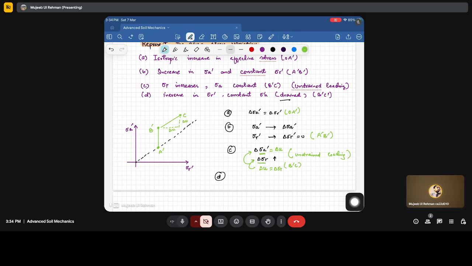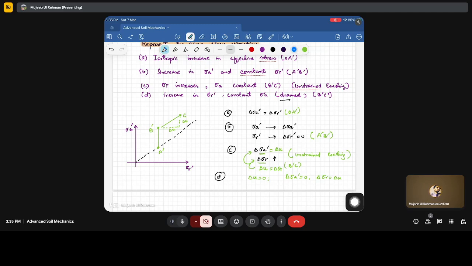So in this case we represent it by B dash C dash. The change in sigma a dash will be 0, and the change in sigma r will be delta sigma r. So we can simply draw a line from here to here.